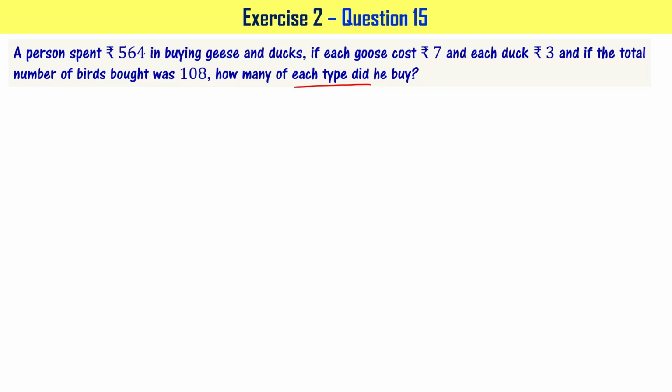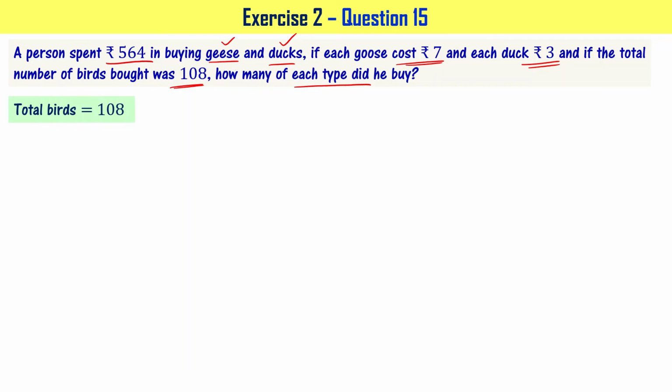Right? That is the question. He spent 564 rupees in buying geese and ducks, right? And each goose costs 7 rupees and each duck costs 3 rupees. And the total number of birds bought was 108. Now we are asked to find how many geese he bought and how many ducks he bought, right?